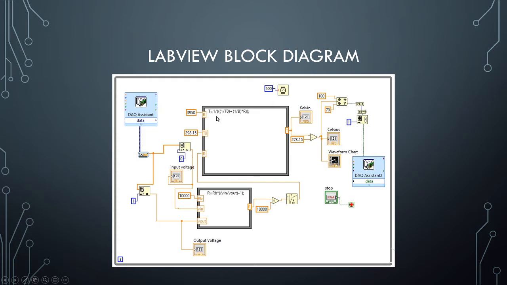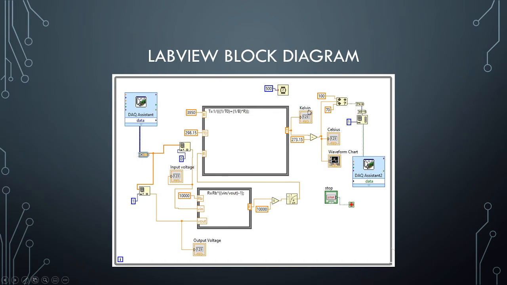And you'll notice I said the equation before was 1 over T, but using the formula blocks here, 1 over T wasn't working, so I just flipped it around. So it was T equals 1 over the whole other side of the equation, and it gave us pretty good results.